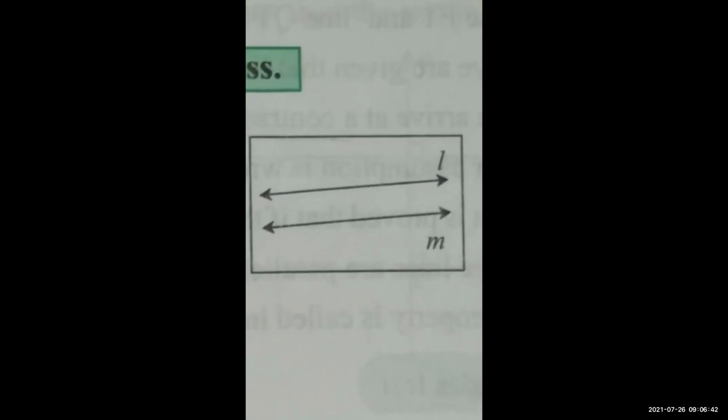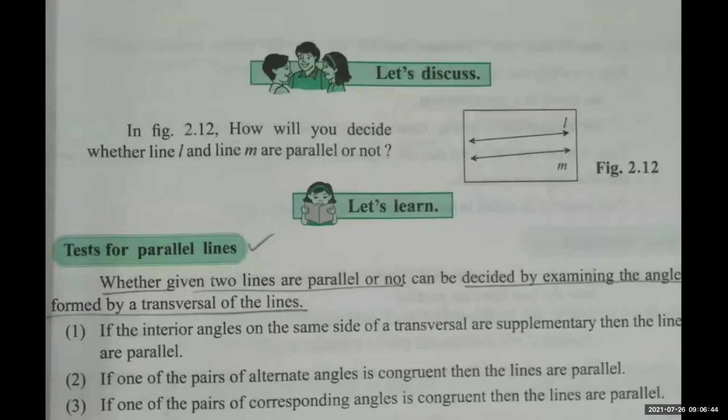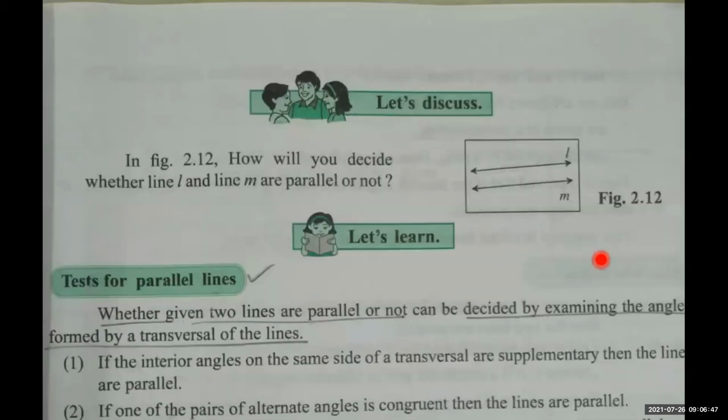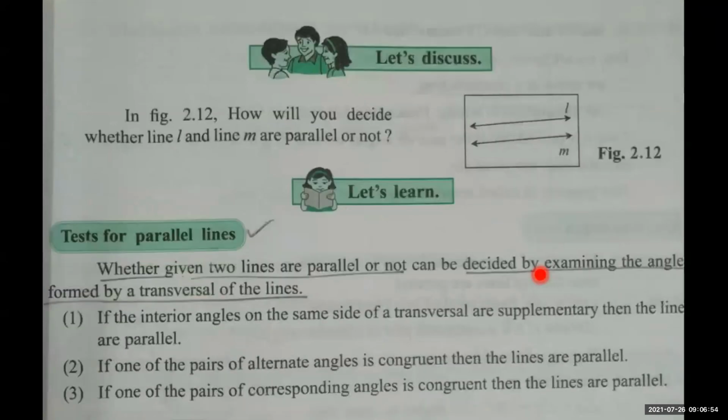If the interior angles... Okay, see first point. If interior angles on the same side of a transversal are supplementary, then the lines are parallel.